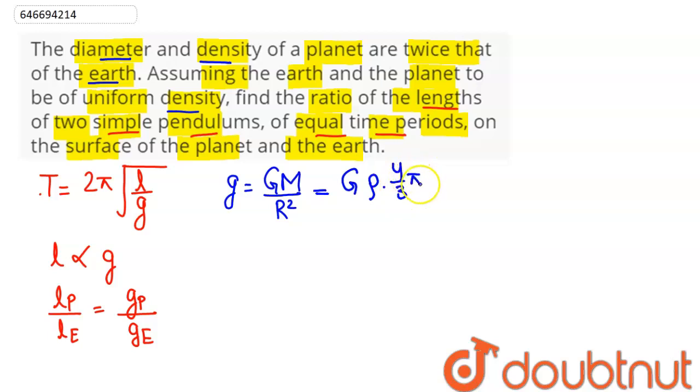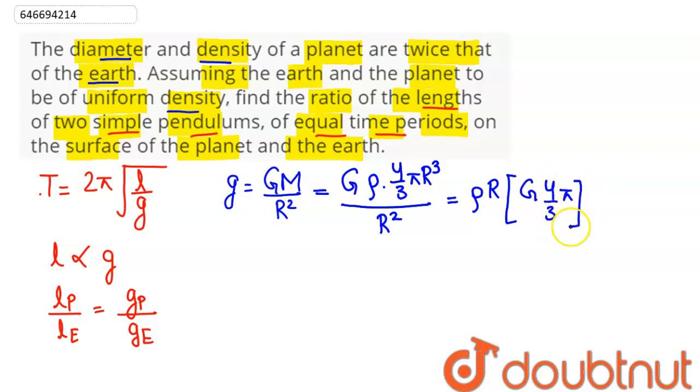So volume in both cases will be spherical volume, 4 by 3 pi r cube, divided by r square. So r square cancels r cube. So this becomes rho into r, and g into 4 by 3 pi. So we can see g is proportional to rho into r.